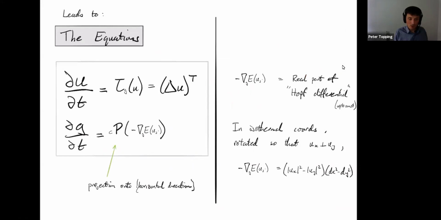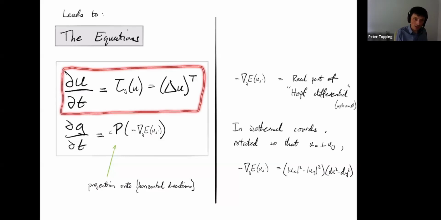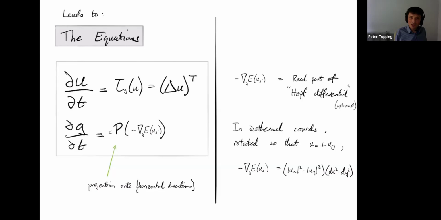Let me quickly give you the equations, although they're not terribly important for this particular talk. If you look at the first equation, this is the ordinary harmonic map flow that I wrote on the first slide. But then G is also changing, and that's evolving under an equation which is a little bit harder to explain. This is not a parabolic equation for G. It's a little bit more like an ODE, although that can be extremely misleading.